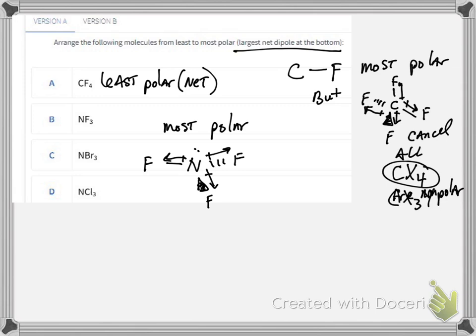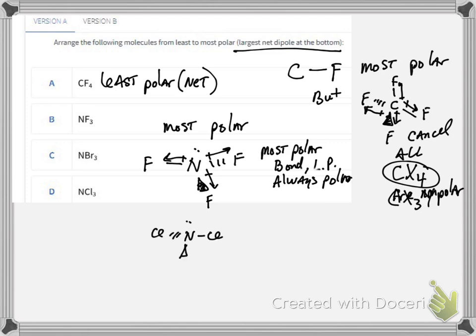The nitrogen-fluorine bond is polarized. So the most polar would be the nitrogen-fluorine bond. It's the shortest, and it's got the biggest difference in energy. So anytime a central atom has a lone pair, it's always polar.